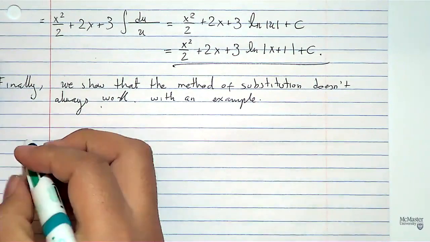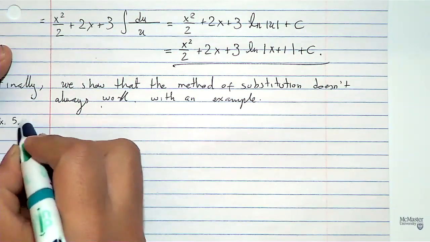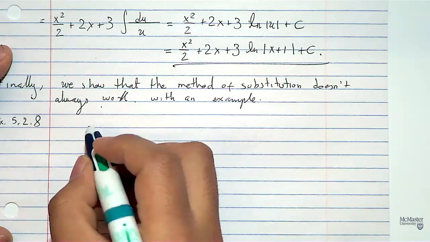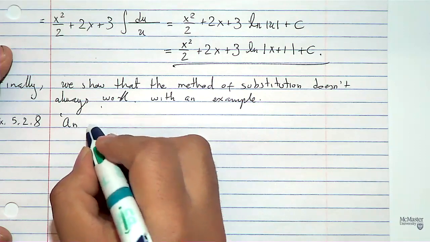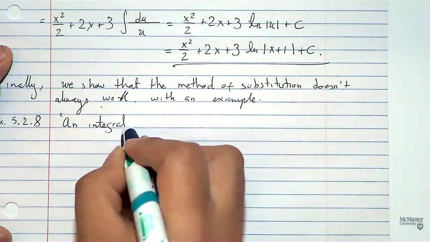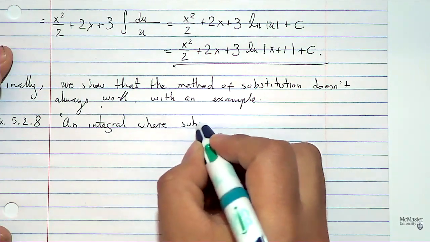The example, of course, is chosen to be complicated enough so that it's not that easy to do with just substitution. It's basically an example of an integral where substitution fails.